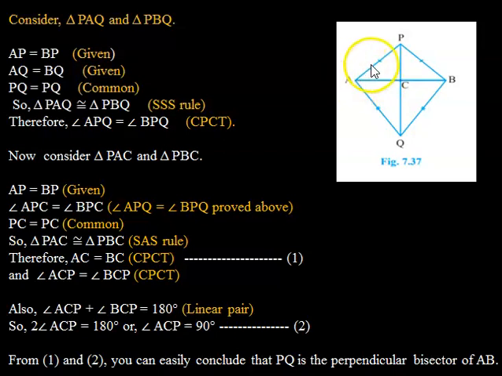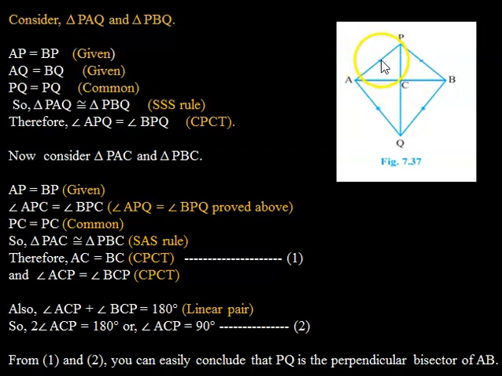So we can say angle APQ is equal to angle BPQ. Now we are going to consider the two small triangles, PAC and PBC.